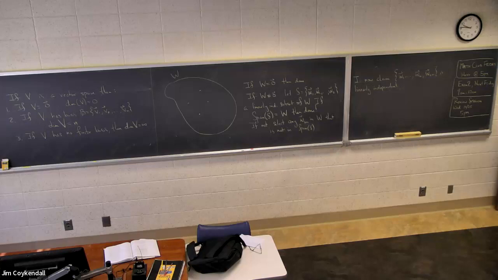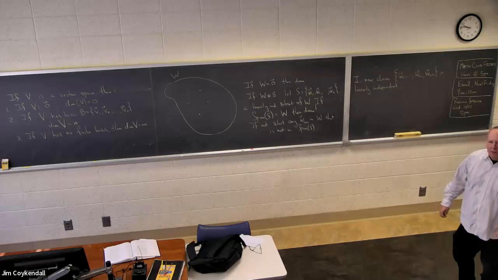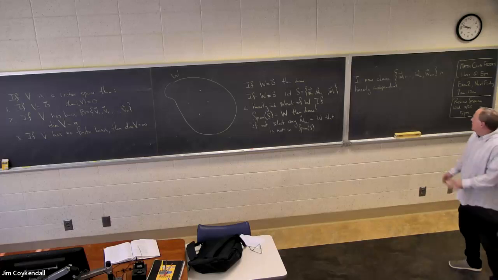Can somebody explain why that's true? Well, the span is the set of all of the linear combinations. So if you take something that isn't in that span, then that extra vector has to be linearly independent as well. That's kind of the idea here.